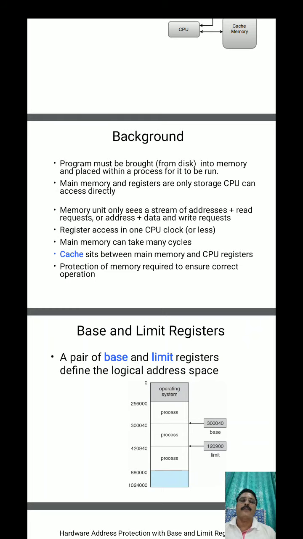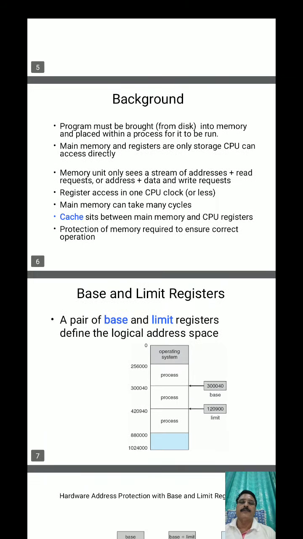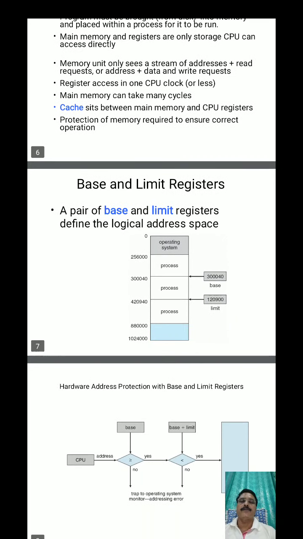Registers can be accessed in one CPU clock or less. Main memory can take more clock cycles. Cache, which is a small size memory but of higher speed, is placed between main memory and CPU registers. Protection of memory is required to ensure correct operation. So there are some protection mechanisms which are used to access the memory.